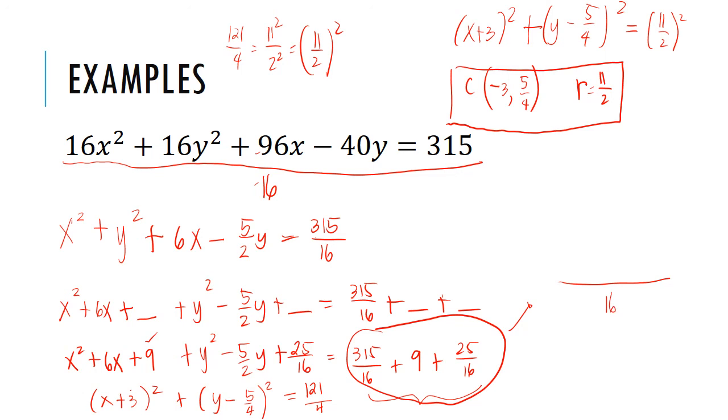So, adding fractions, 16 divided by 16, 315, plus 16 divided by 1 is 16 times 9, 144, plus, of course, 16 divided by 16, 1 times 25, 25. So, this is equal to 315 plus 144 plus 25, 484 all over 16. Or, if we divide by 4, which is the greatest common factor, you get 121 all over 4. That's where we get 121 all over 4.